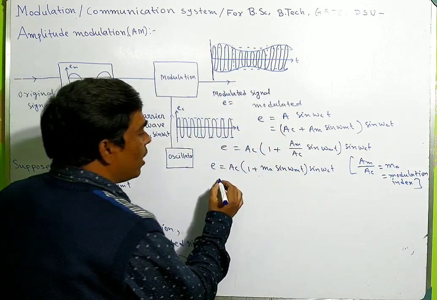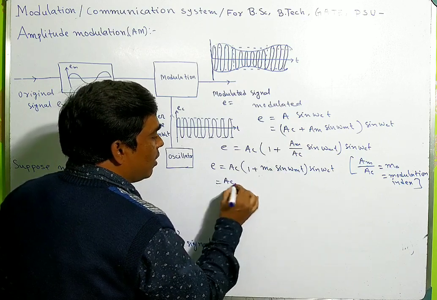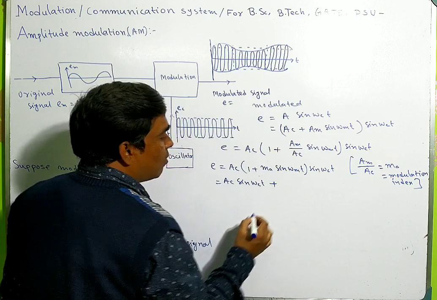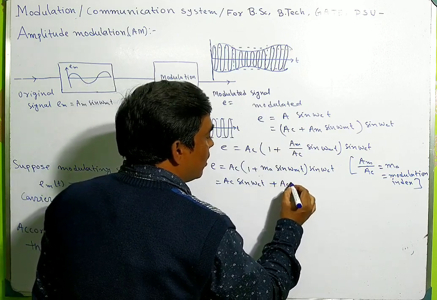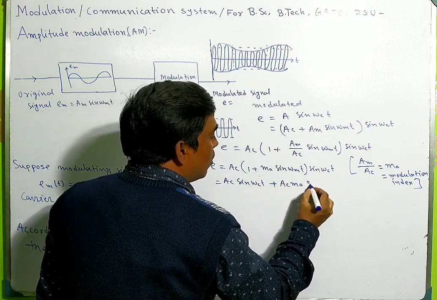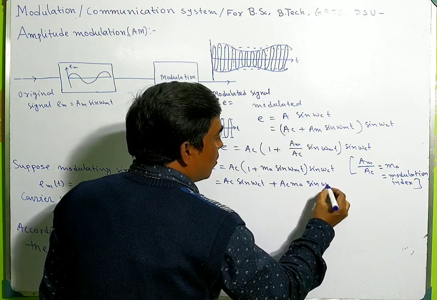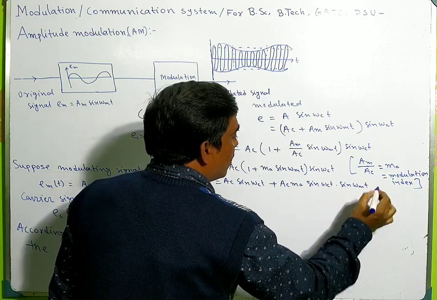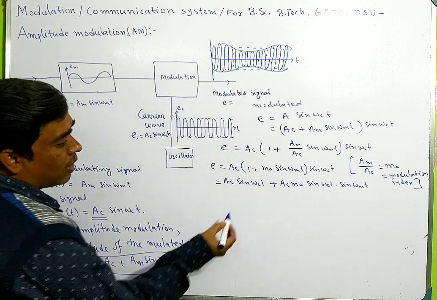Now it will be A_c sin omega_c t plus A_c m_a sin omega_c t into sin omega_m t. This first term is the carrier wave.